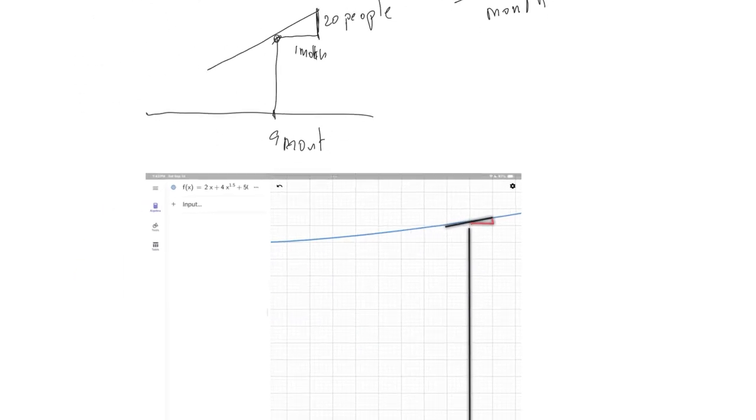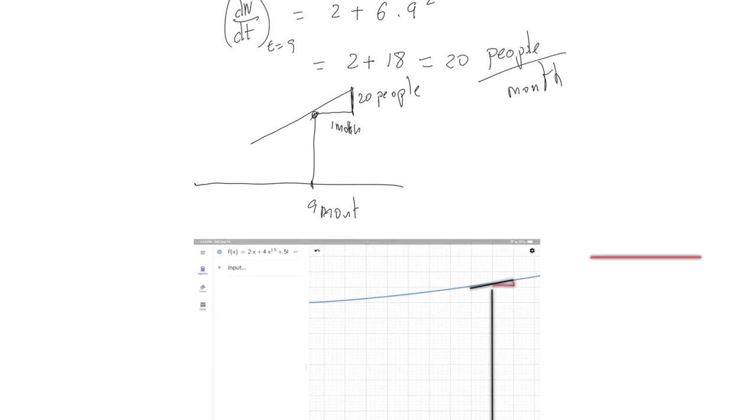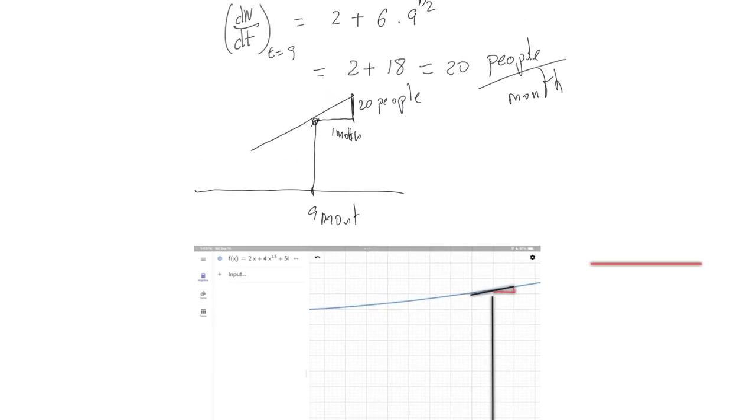So what is the rise? Let's see if I can see the rise. Indeed, it's difficult to see the rise, and it will take some time because the vertical axis is not here. But you can play with GeoGebra, and you can, for sure, agree with me that this 20 people per month is the slope of the graph at T equal 9 months.